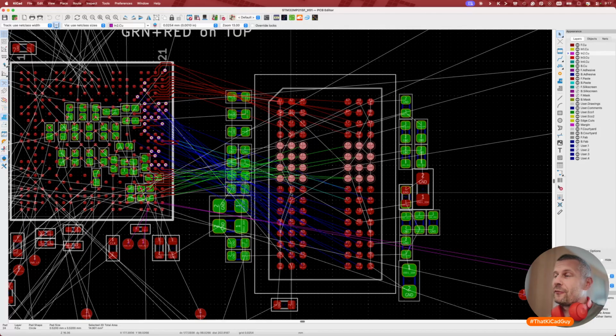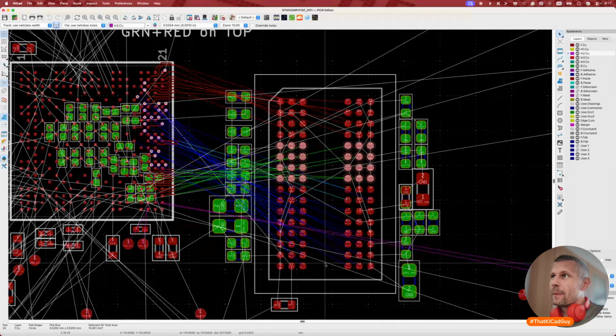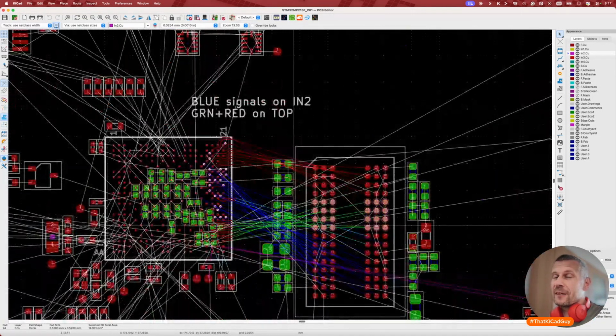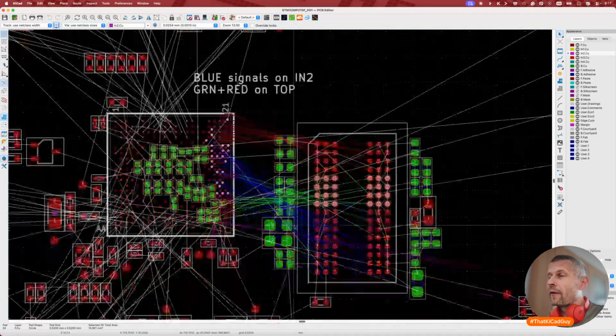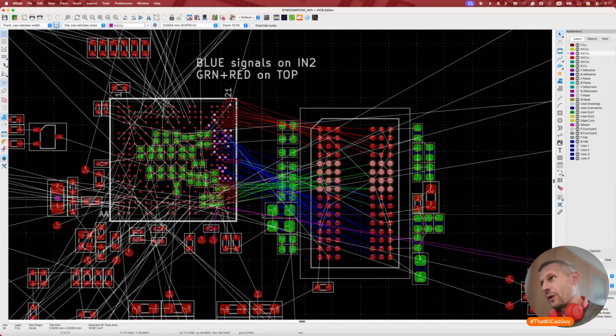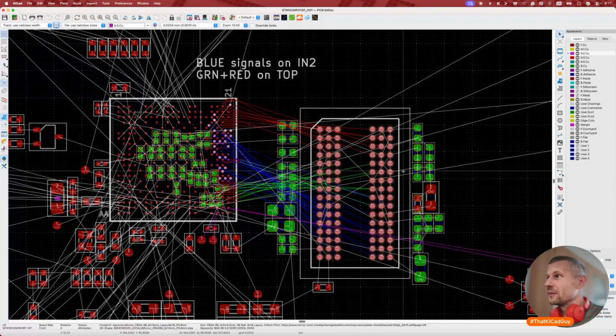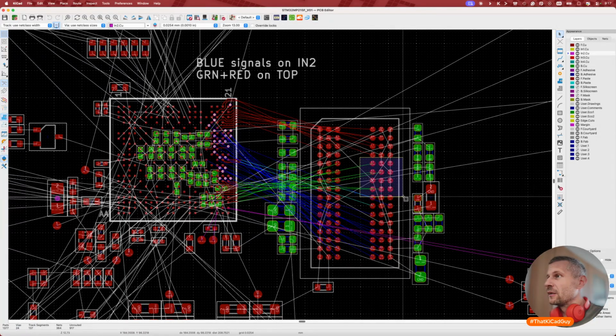If possible, we can go in between the pads or around the module. And this will significantly prolong the path of all the green signals going to this group of pads. Significantly.